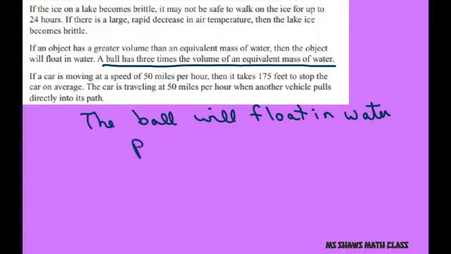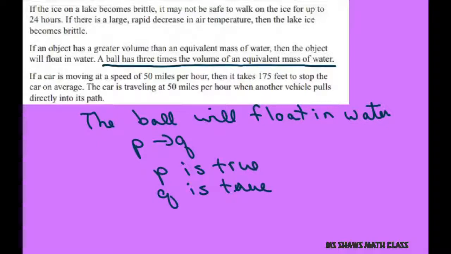We have if P then Q. P is true. Therefore, Q is true. So this is your P: has a greater volume. These two kind of go together. The object will float in water. We're not going to write the object will float in water, we're going to write the ball will float in water.